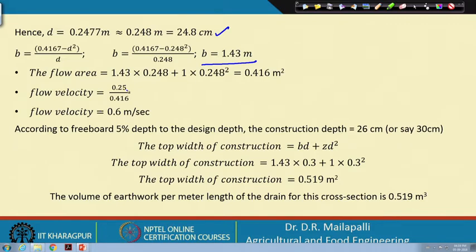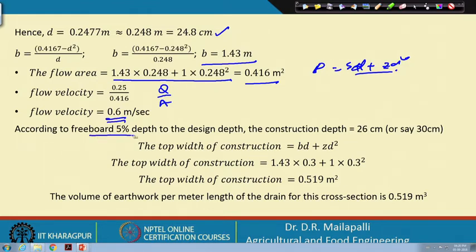Now the flow area: substituting, the area will be BD plus ZD square. Substituting that, you get 0.416 as the flow area. Then the flow velocity is Q by A, so you get a flow velocity of 0.6 meter per second.